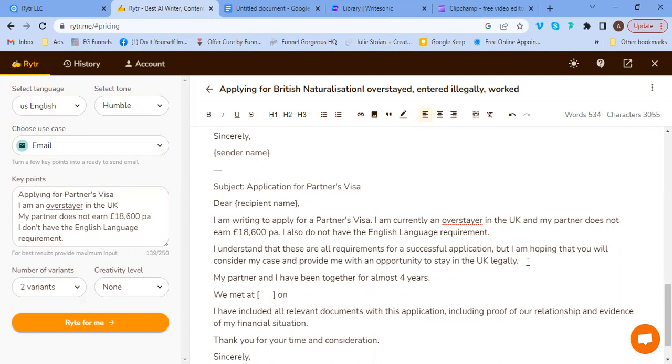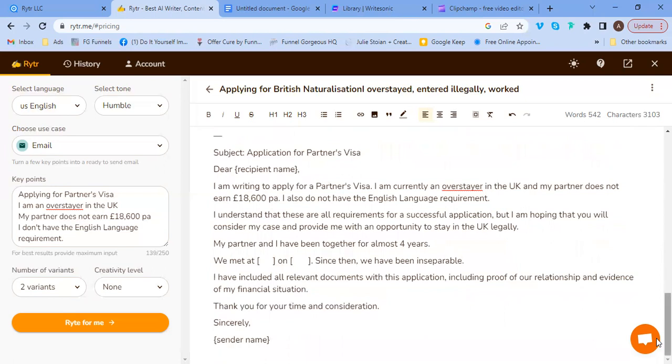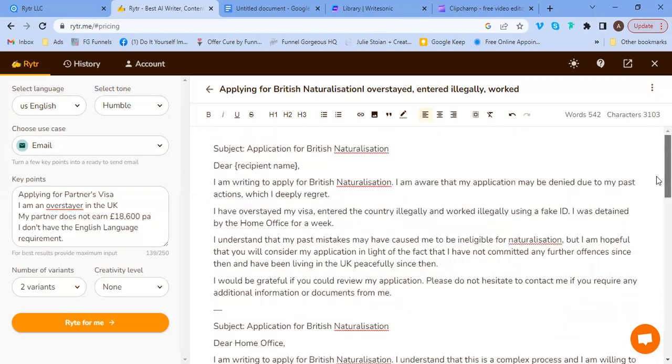On, you can insert the dates, and then you can say since then we have been inseparable. So talk a little bit about your relationship. You have to convince the Home Office that you have a genuine relationship. Okay, so these are just an example of how to write your letter to the Home Office.